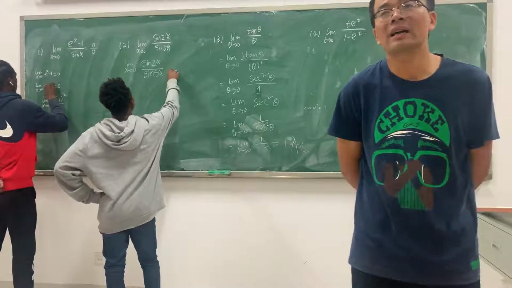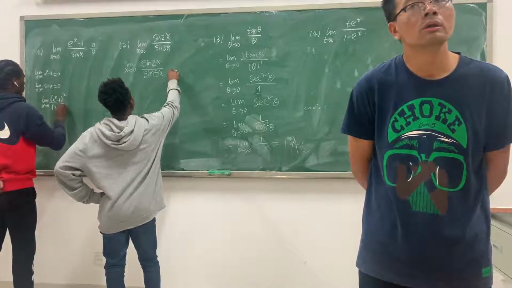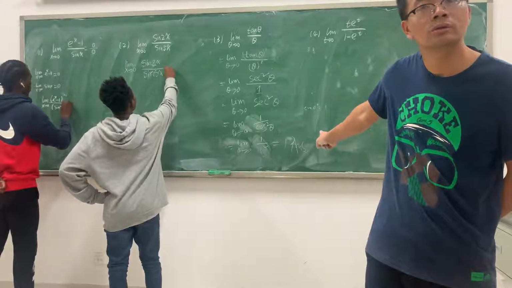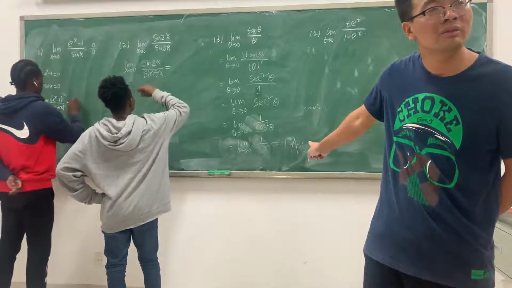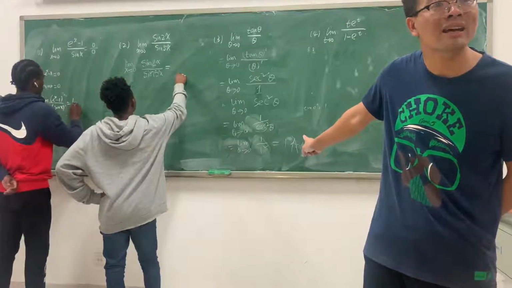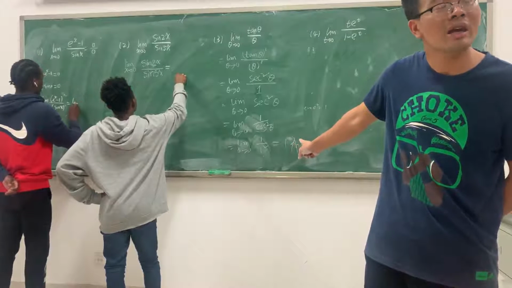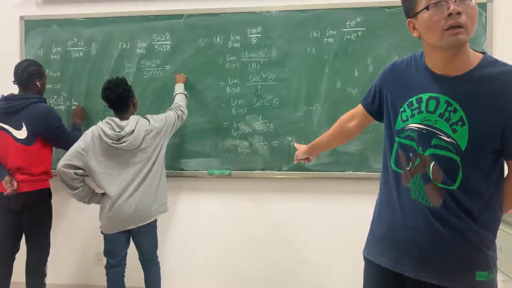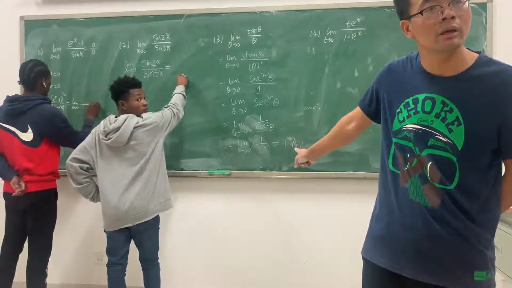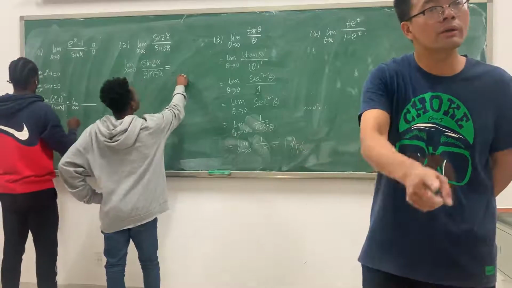So I think that I give you time to do it, okay? Of course, I will test the L'Hopital's rule, okay? So you must be familiar with it, okay? So do it.